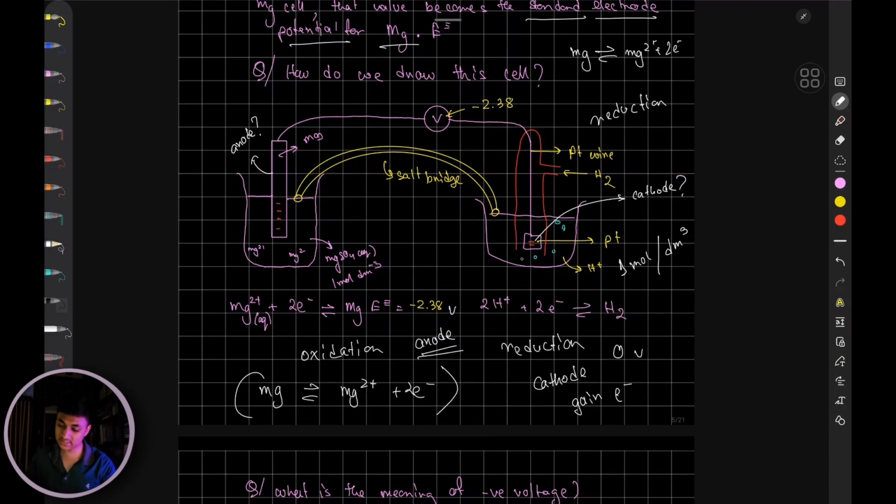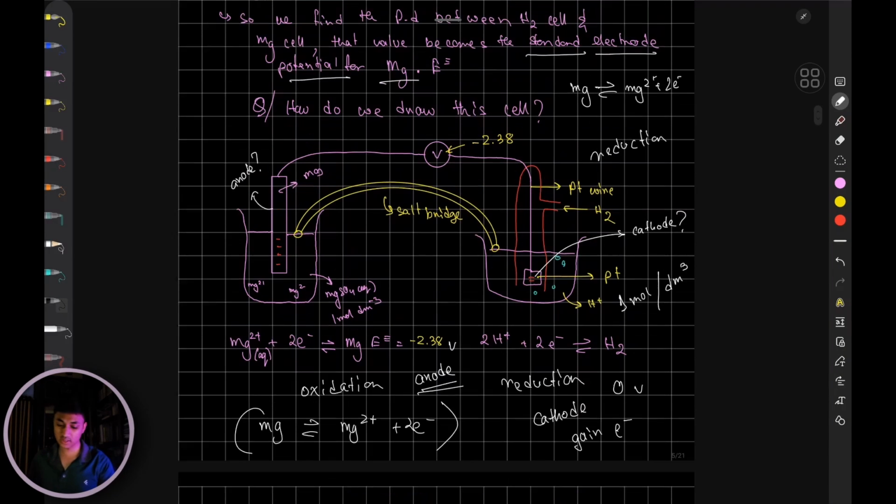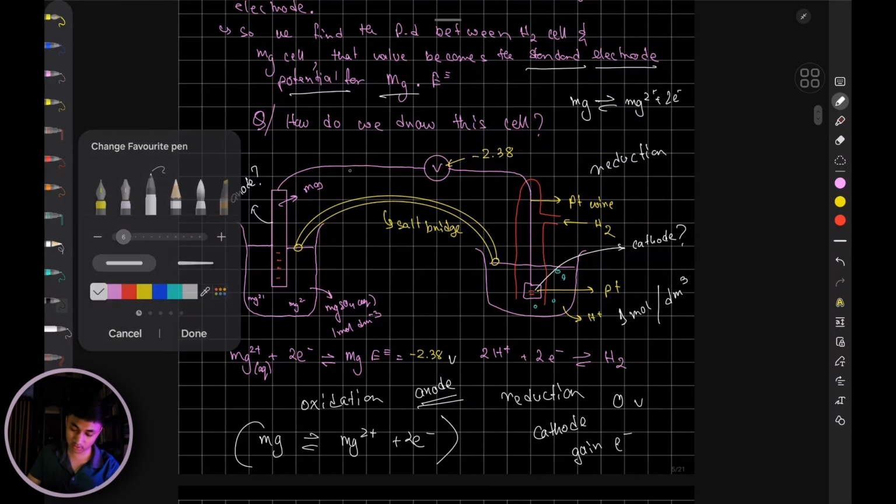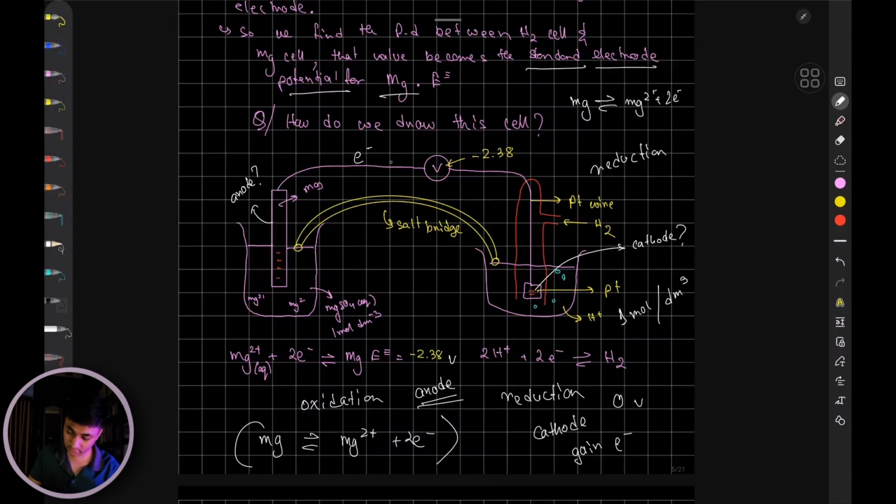So over here, this is going to be your cathode, right? So electrons are actually flowing from over here in this direction, from this anode to this cathode, where reduction is actually taking place. Although there is a greater accumulation of negative charge over here, this is going to be your anode because oxidation is taking place over here, right?